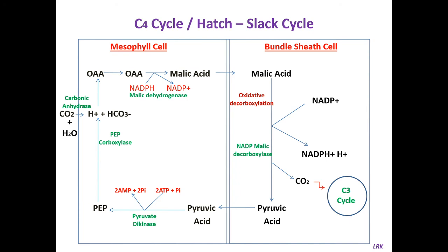The mesophyll cells and the bundle sheath cells are in close contact with one another. They are connected by plasmodesmata. Therefore, all substances moving between leaf mesophyll cells and leaf vascular bundles must necessarily pass through bundle sheath cells.